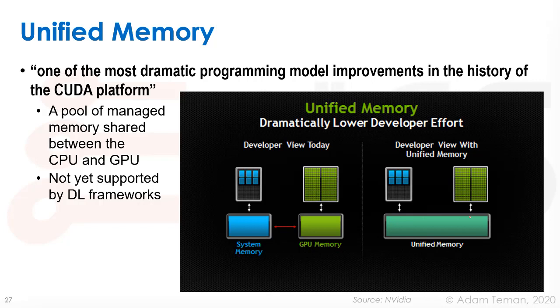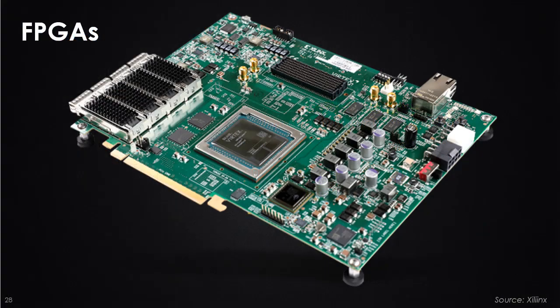Now with unified memory, it's just all one pool, and you can program it and not know the difference between the CPU and the GPU memory and just use it all, and that really helps and makes life easier for the programmer.